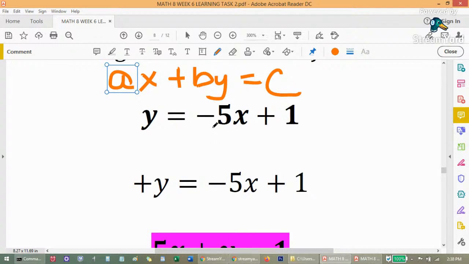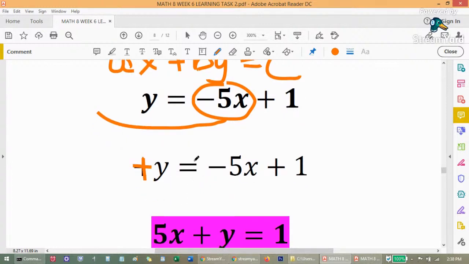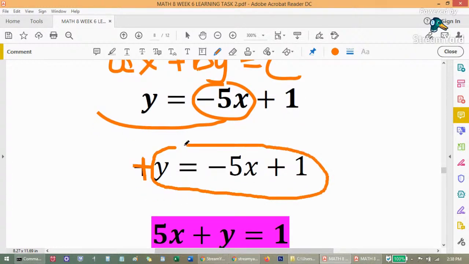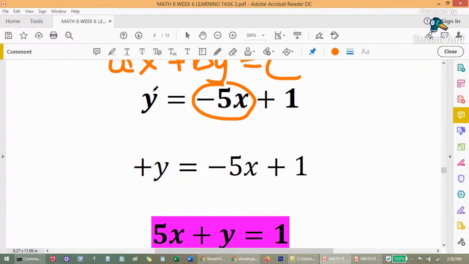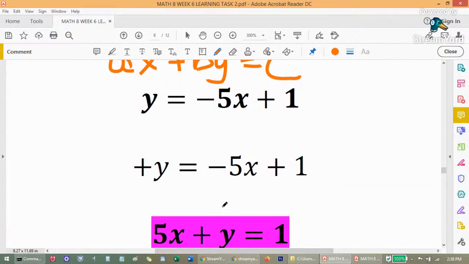Okay? So, yung x natin is negative. So, pwede natin siyang ilipat sa kaliwa. But bago natin siya ililipat, lalagyan muna natin ng plus yung y. And then, kokopy lang natin yung the rest.